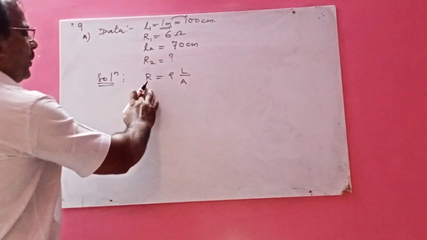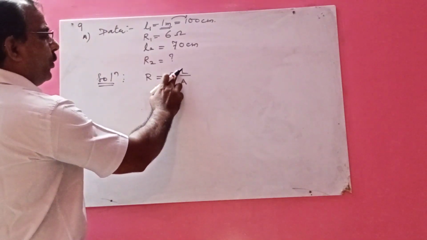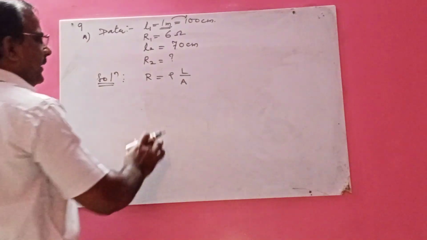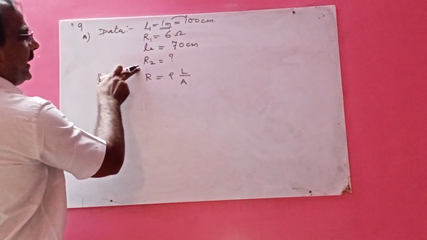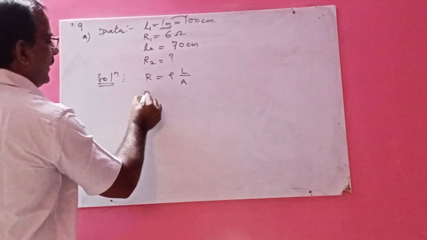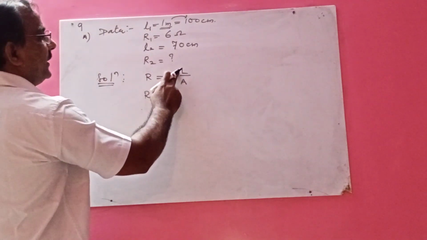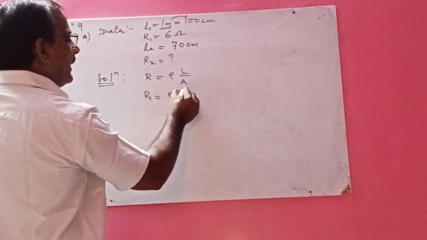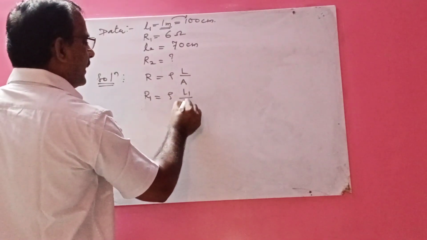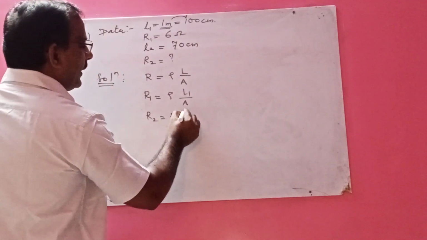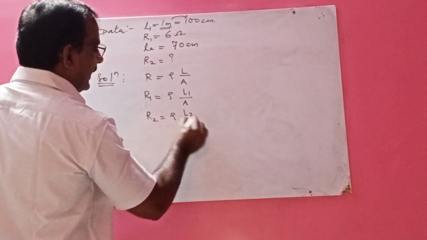So R is equal to rho into L upon A. Rho is called a constant. Now because we are having R1 and R2, so find out first R1. R1 is equal to rho, this is constant, so keep as it is. Here we are having two lengths, so write L1 upon A, and similarly R2 is rho L2 upon A.